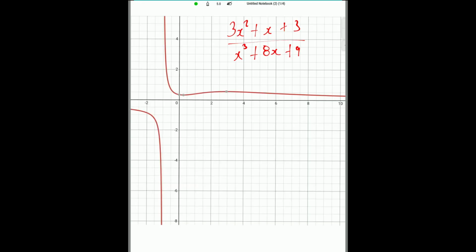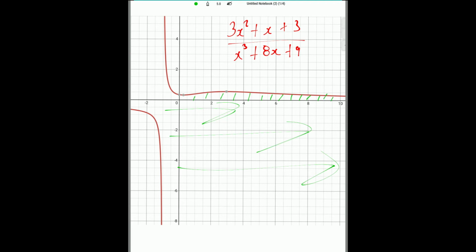As I said before, we're concerned with finding, by looking at this graph, the value that f of x approaches as x gets larger and larger and larger. Looking at this graph, as x gets larger, we can see that f of x keeps getting lower and lower.